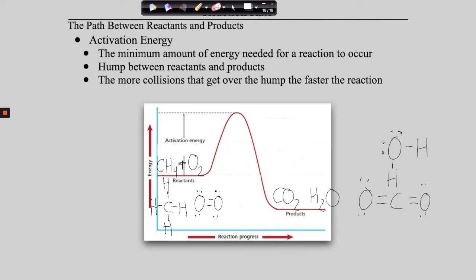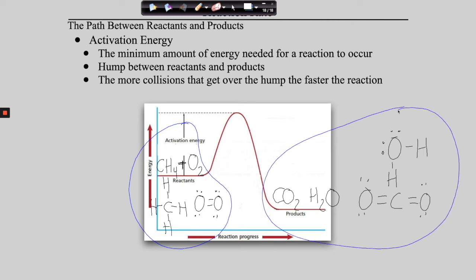Okay, so now at this point, this brings up a really interesting question. What has to happen from the left to the right in order for reactants to turn into products? What has to happen to the CH4 molecule and what has to happen to the O2 molecule in order for them to turn into carbon dioxide and water?